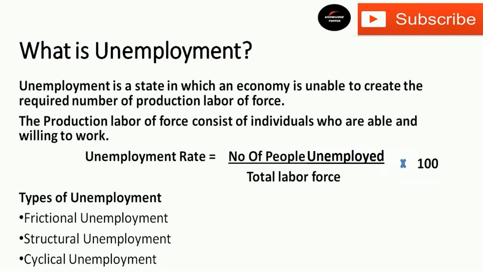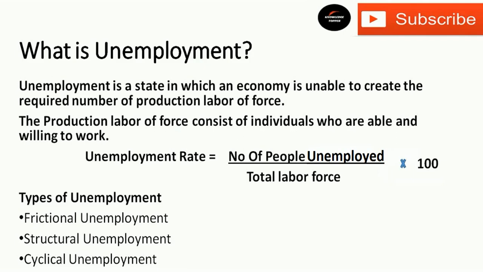And the state is also unable to create the required number of employment for them, the required number of production labor force. Maybe there are a lot of reasons. We are discussing that in our types of unemployment later.